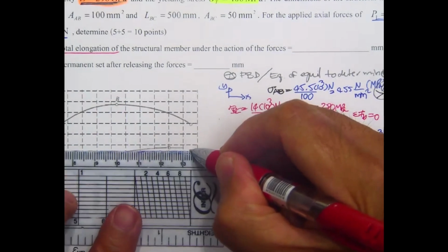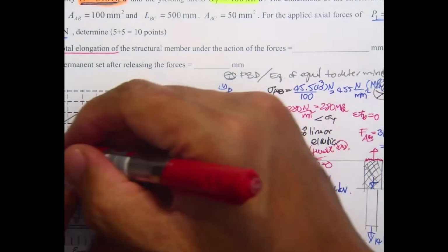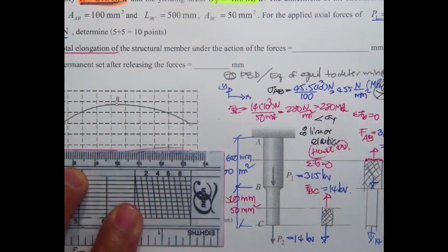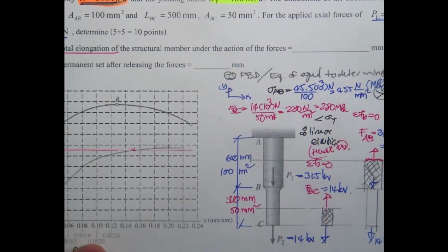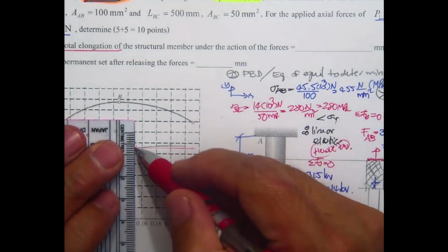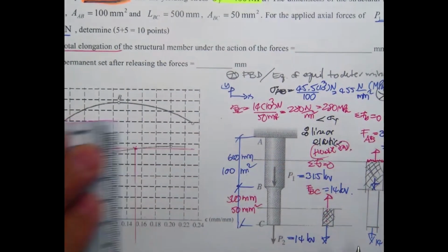Then you may draw the line crossing halfway. So you get about halfway, and then you project it downward.